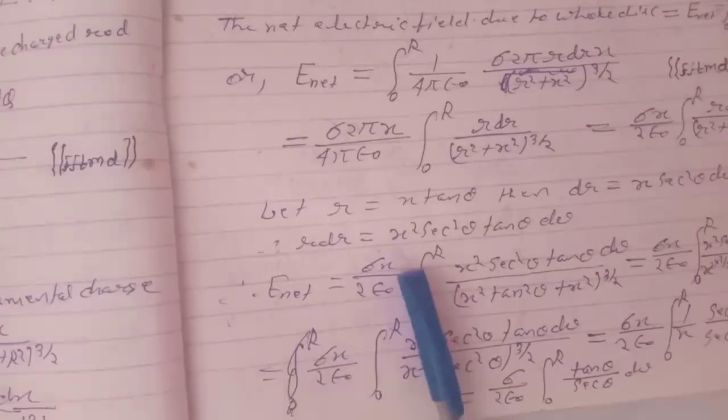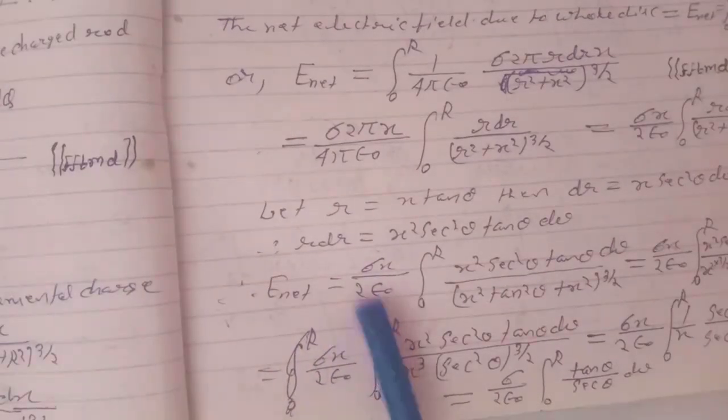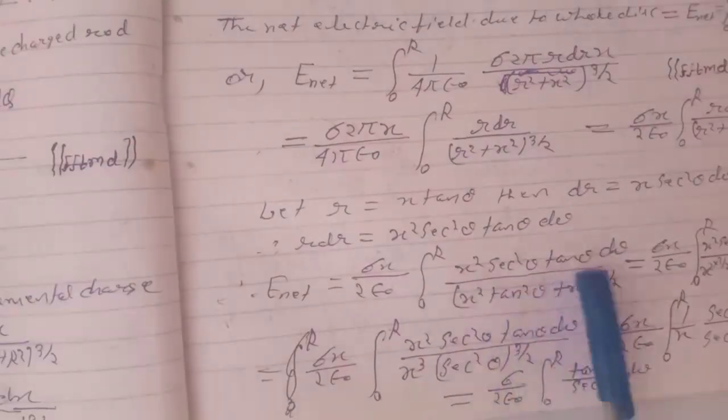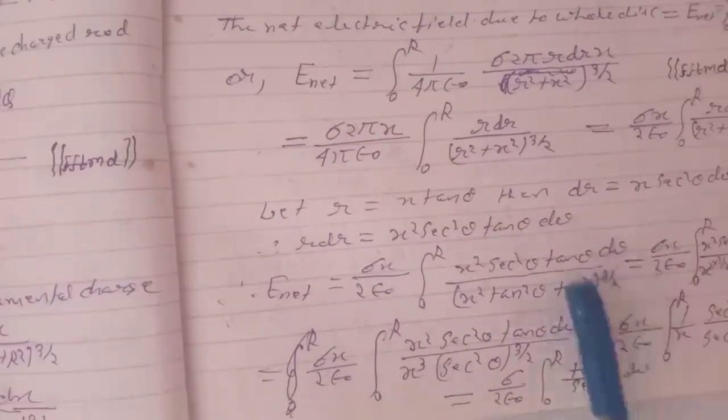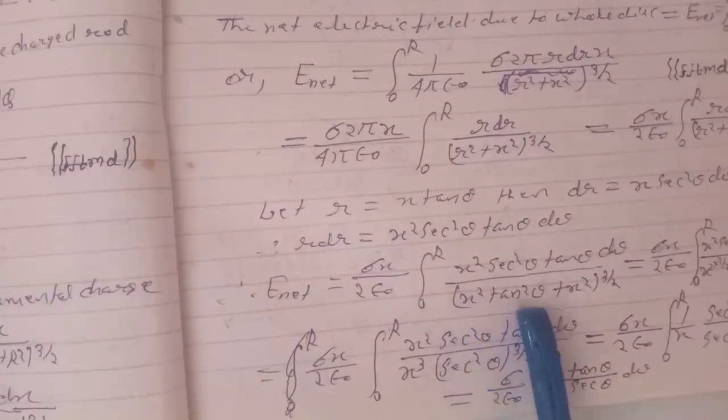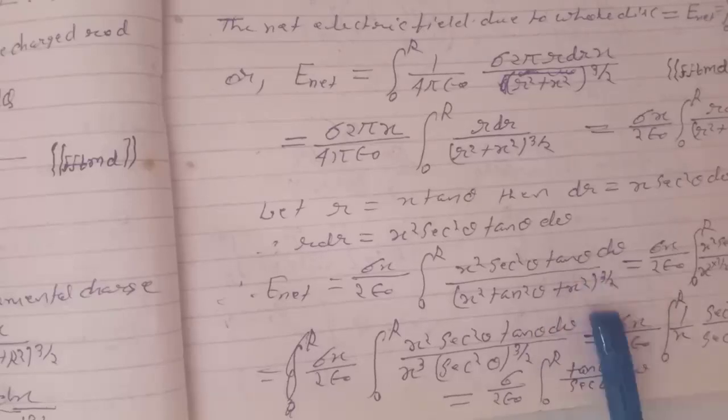Hence E net will be sigma x by 2 epsilon naught, integral of x square sec square theta tan theta into d theta divided by, putting the value of r here, (x square into tan square theta plus x square) to the 3 by 2.